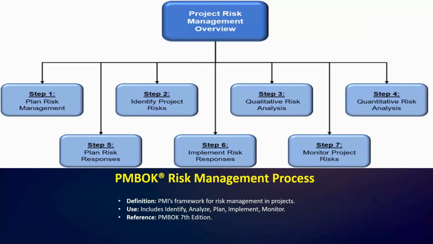This is the risk management process in PMBOK. The PMBOK framework breaks risk management down into a series of logical steps like identify, analyze, plan, implement, and monitor. And then you will find that all the techniques we have discussed today fit neatly into the framework.